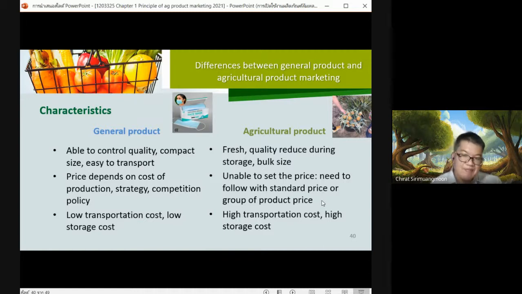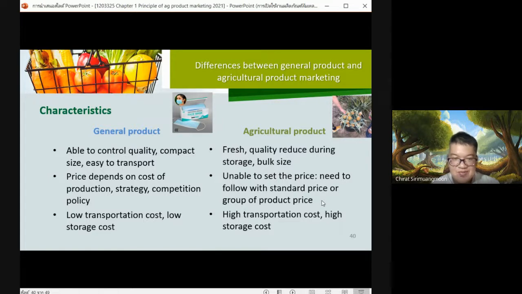And sometimes the middleman is the person who pushes down the price for the farmer as well. So the price is unstable, needs to follow the standard price, or sometimes you need to follow the price on the world market. You cannot set the price by yourself, for example in the coffee market and tea market.